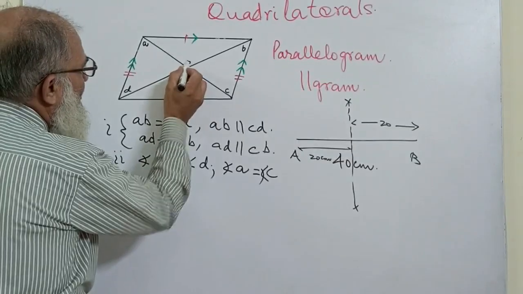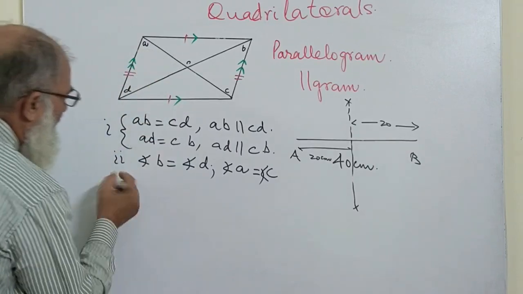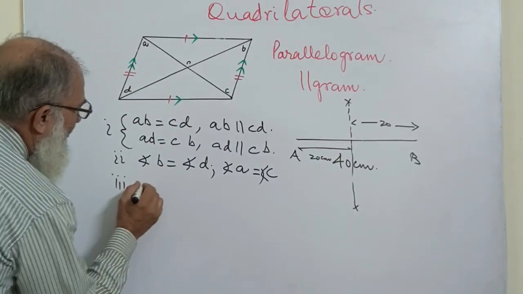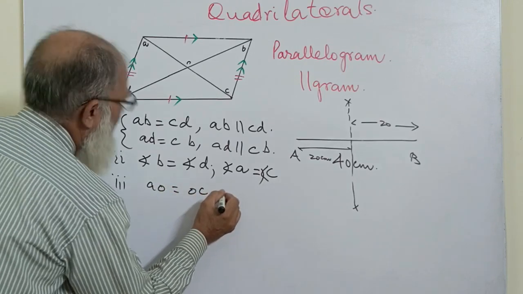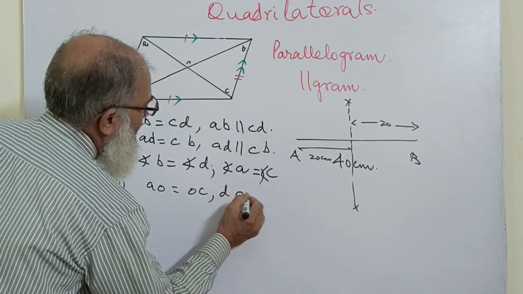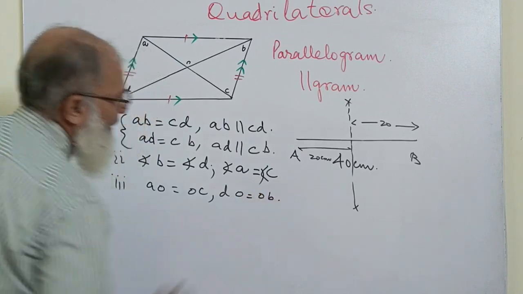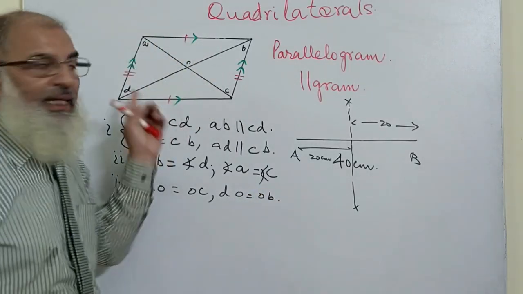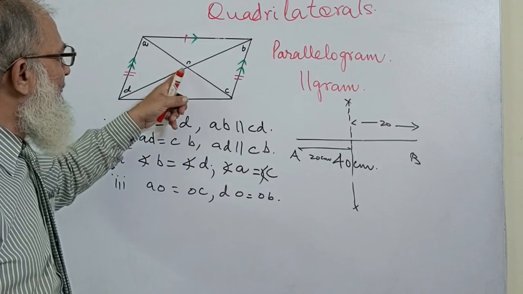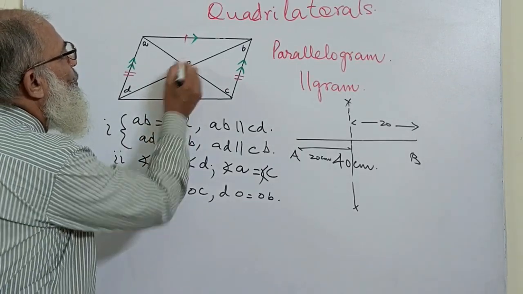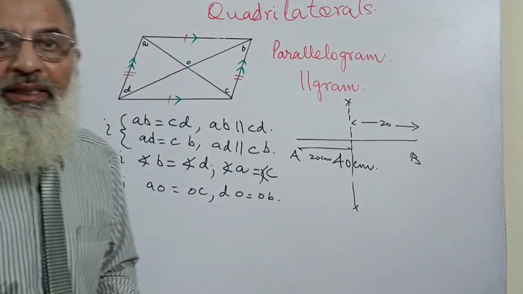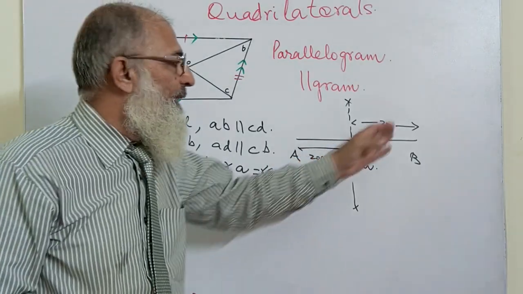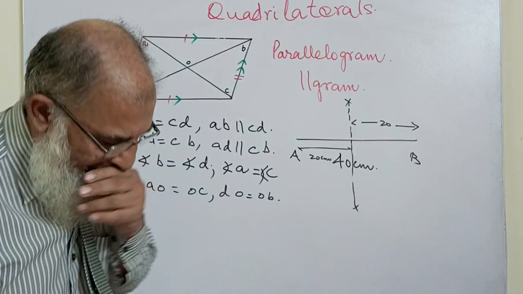Let me say that AO is equal to OC and DO is equal to OB. That means the diagonals bisect each other at point O, and bisection means to divide the line into two equal parts.